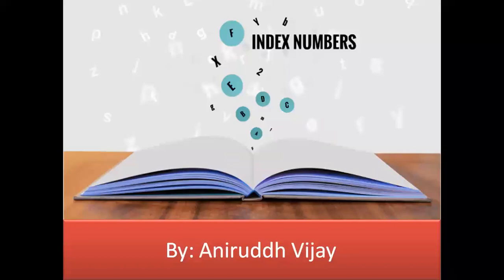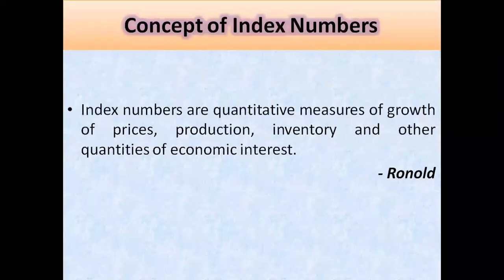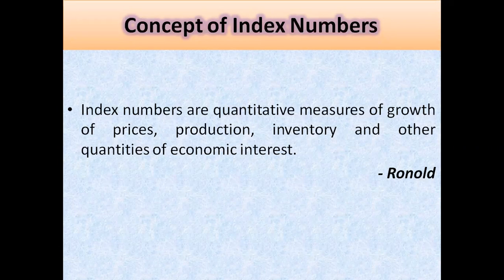So let's begin with the conceptual introduction of the index number, which is very finely given by Ronald, that these numbers are quantitative measures of growth of prices, production, inventory, or we call it stock, and other quantities of economic interest.